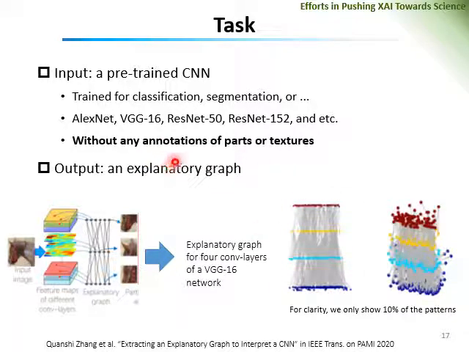We just let the algorithm automatically summarize some object part knowledge from the pre-trained neural network, because we do not want a human being to teach the explanatory graph how to explain the neural network. I just want the graph to automatically learn some obvious patterns from the neural network. So the output is an explanatory graph.